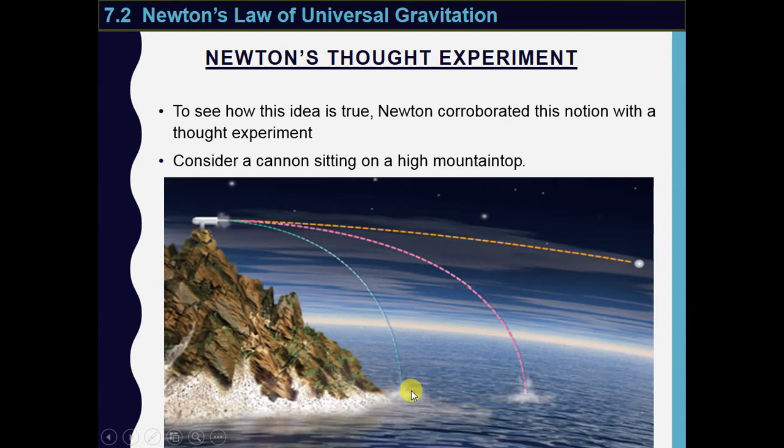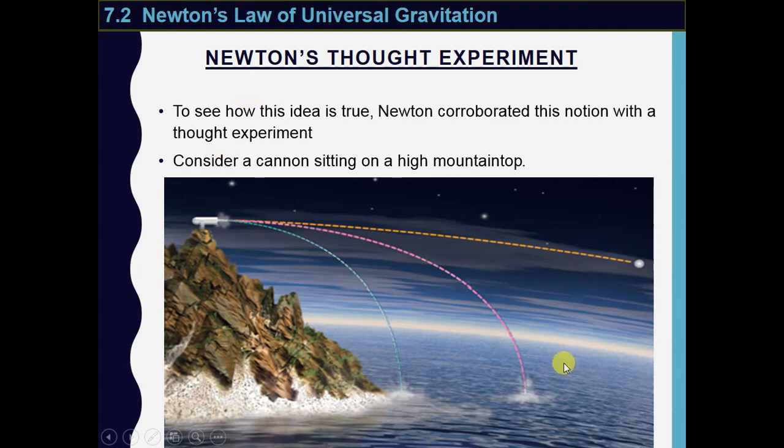If a cannonball, this orange or gold path, pay attention here, could be fired with a really great force, it could produce a great initial speed. So the ball would never hit the ground, since it would fall at the same rate as the earth's curvature.